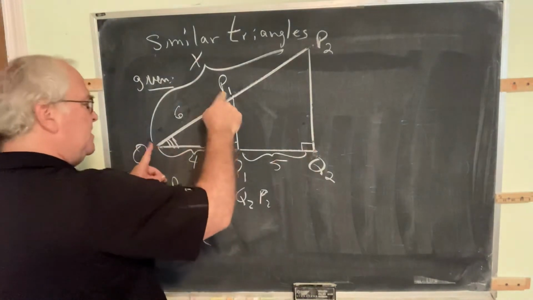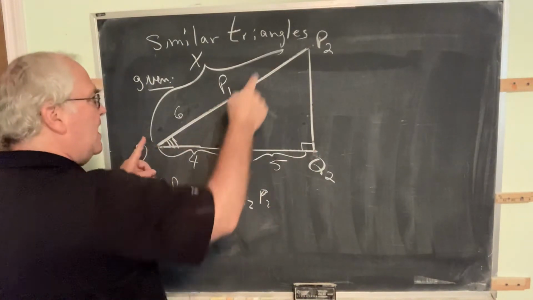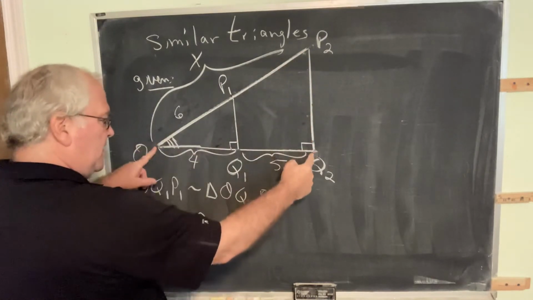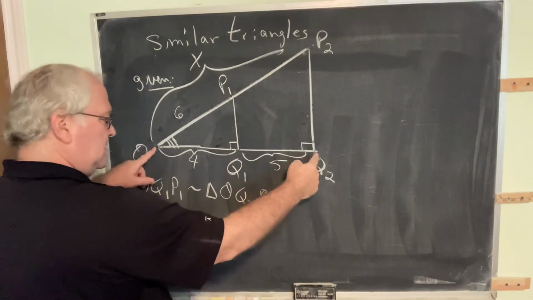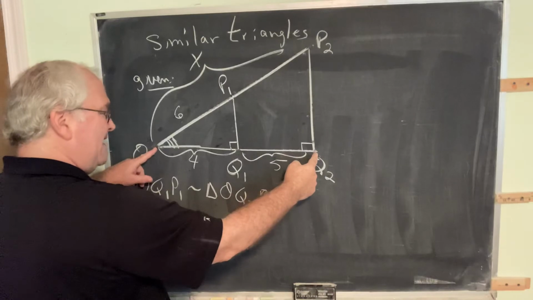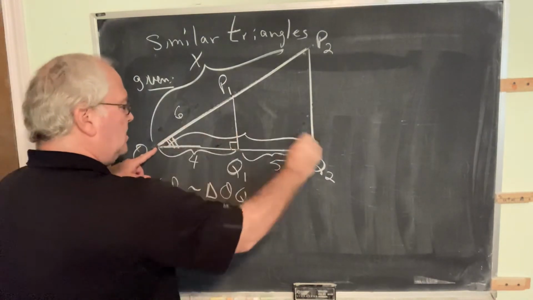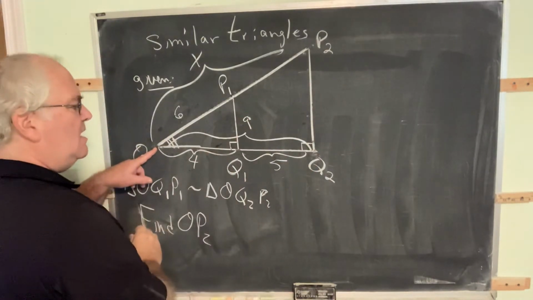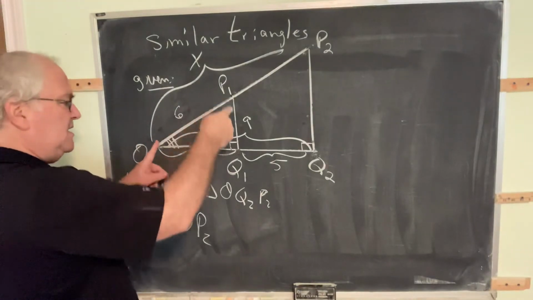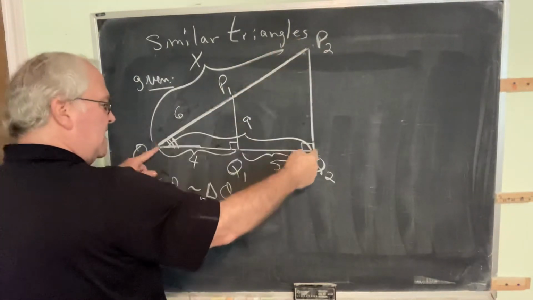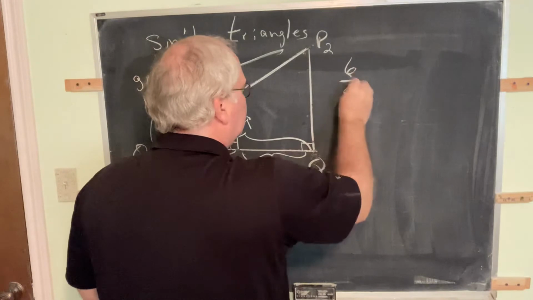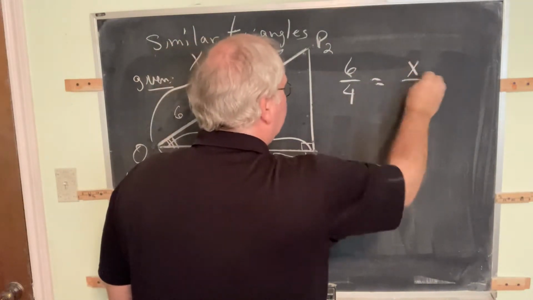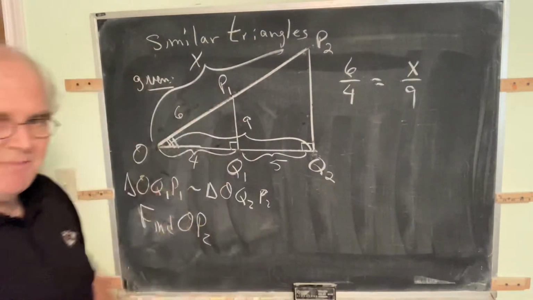So if we know 6 is to 4 as x is to this grand total distance, which we know to be 9, the correct proportion is 6 is to 4 as x is to 9, and then we back solve for that.